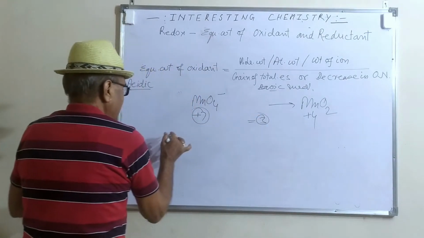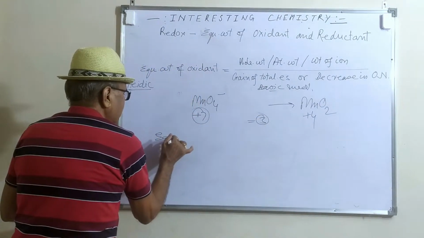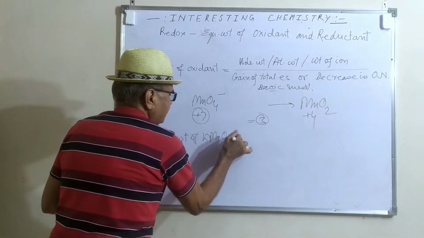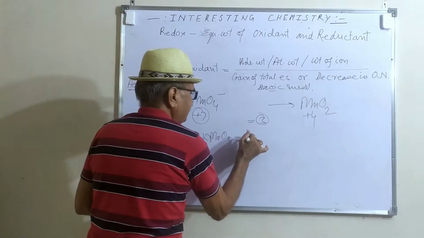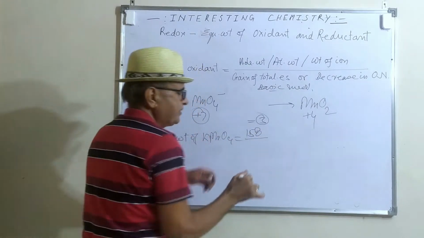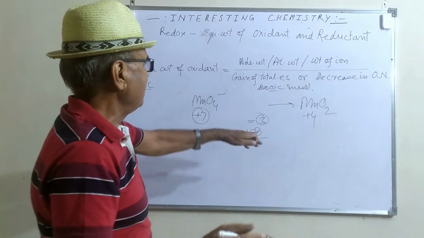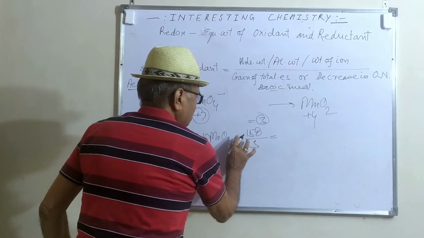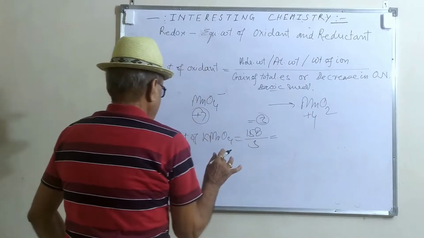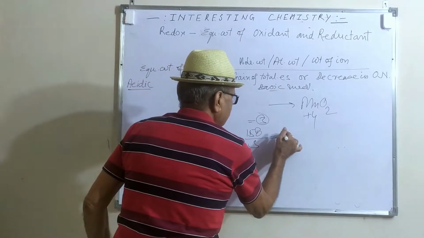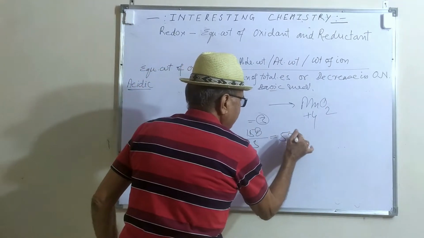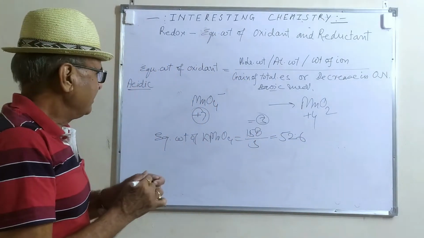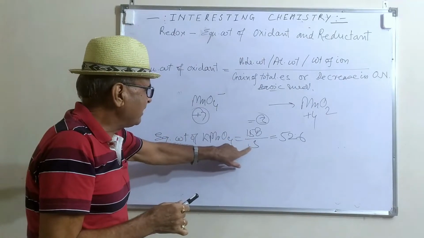So the equivalent weight of KMnO4 in basic medium will be 158, the molecular weight I just calculated, divided by 3. In this way you have to divide by 3.